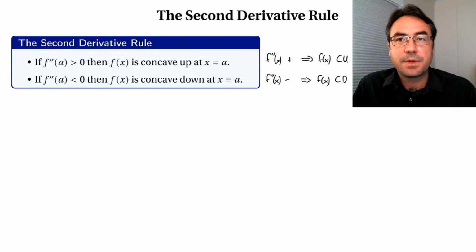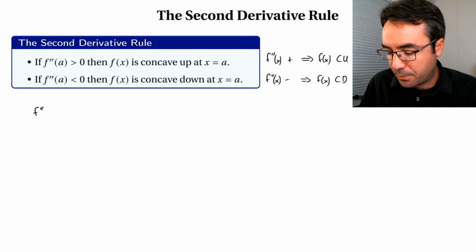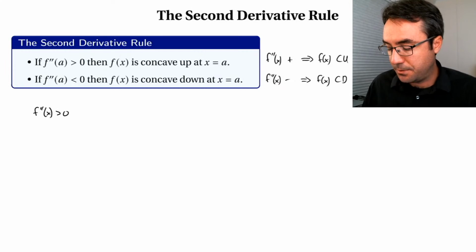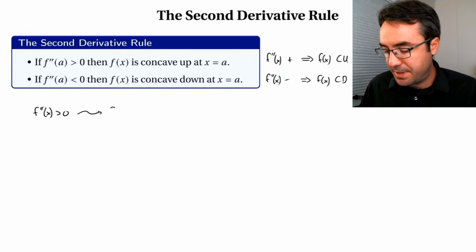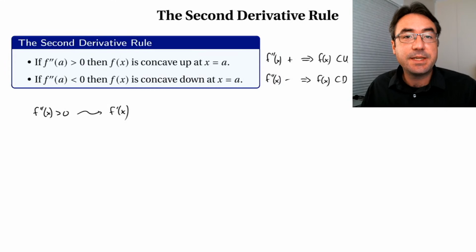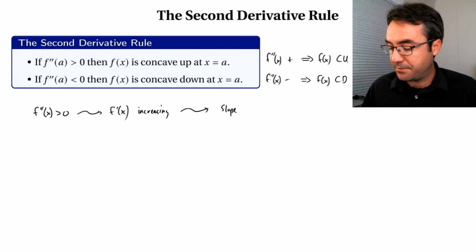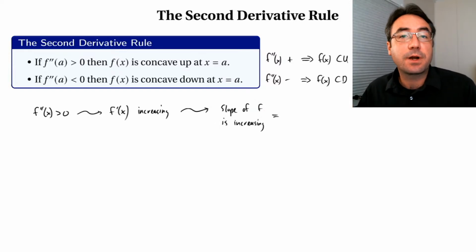So let's just talk about this a little bit more. If f double prime is positive, it's greater than 0, that means f prime is increasing. And if f prime is increasing, that means the slopes of our graph are increasing, which is one of our definitions for concave up.